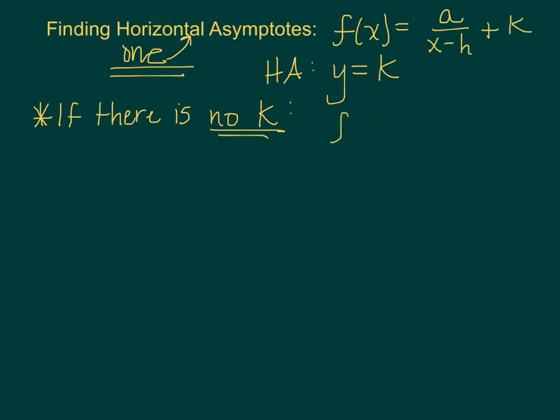So it'll be in a different form. You'll have a rational expression on the top and one on the bottom. What you're checking for are the degrees. Remember, the degree is the highest exponent.